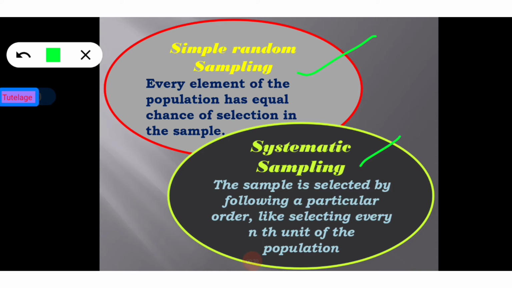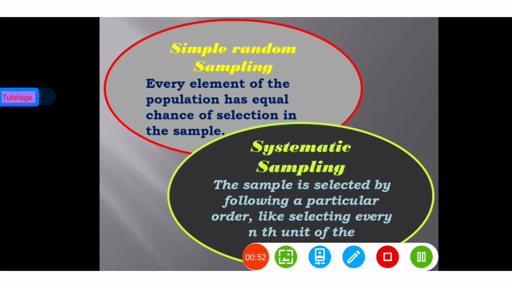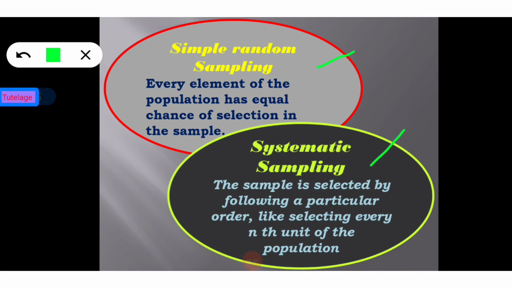We have already told there are two types of sampling, probability and non-probability, and simple random sampling and systematic sampling both are related to probability sampling.